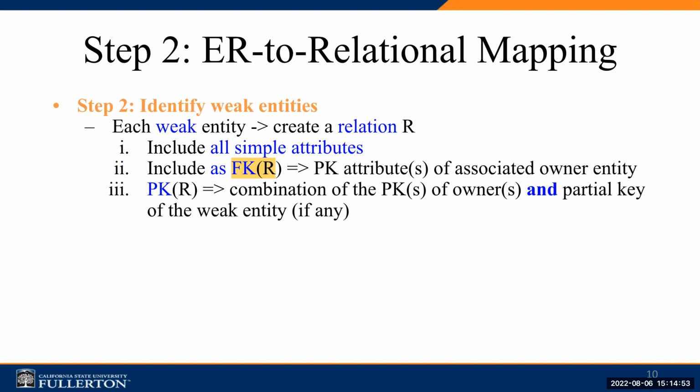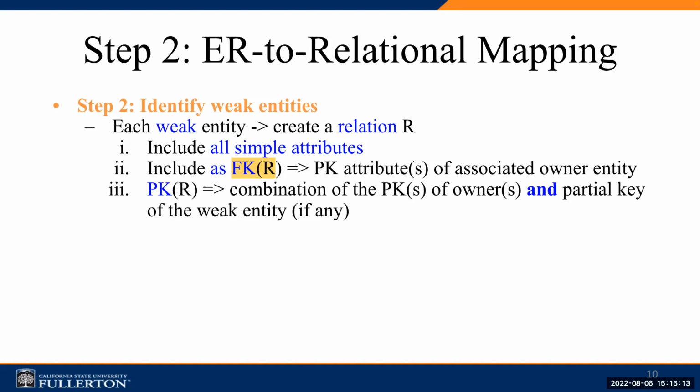In the second step, we would identify the weak entities, and for every weak entity, creating a relation is next in line. You would again include all the simple attributes, and include the foreign key of that relation to be the primary key of the associated owner entity.